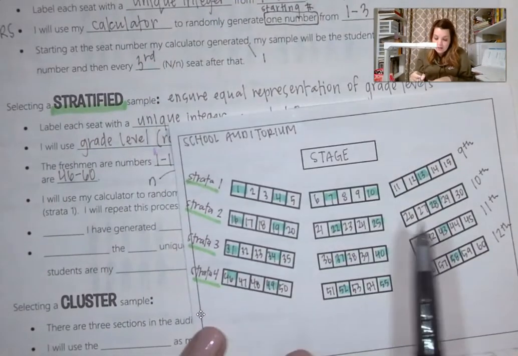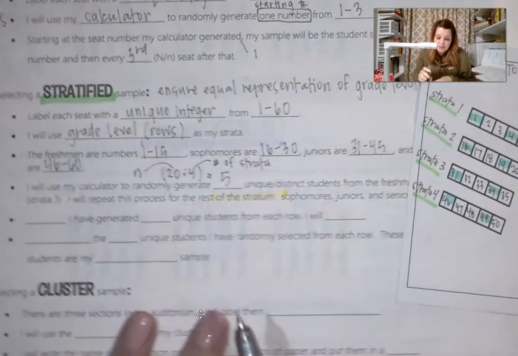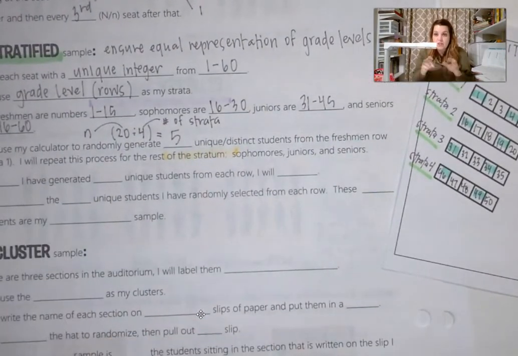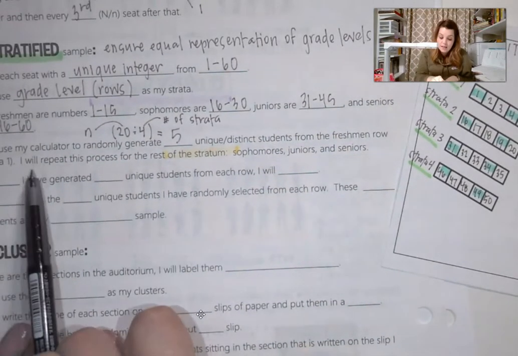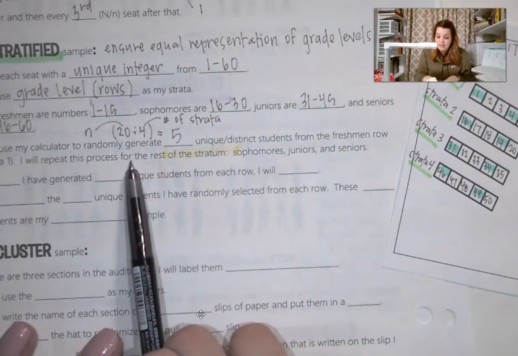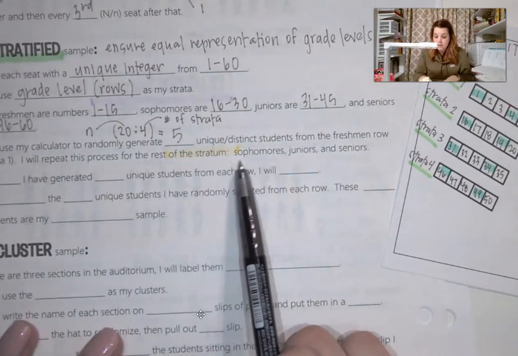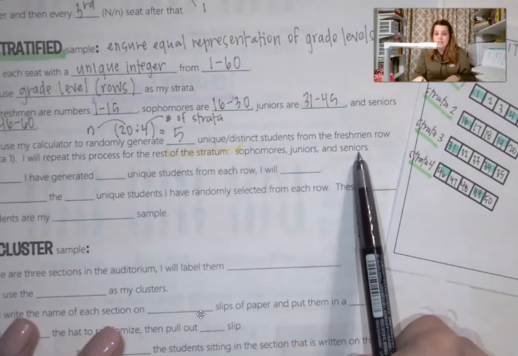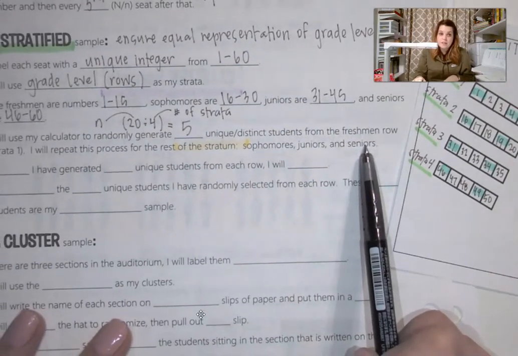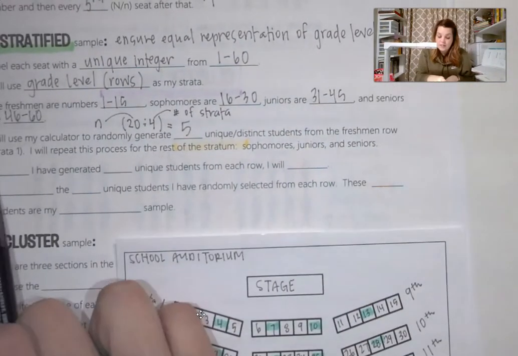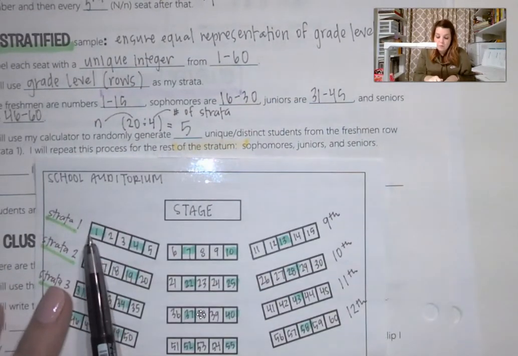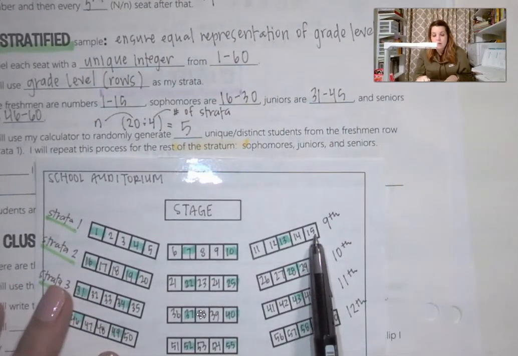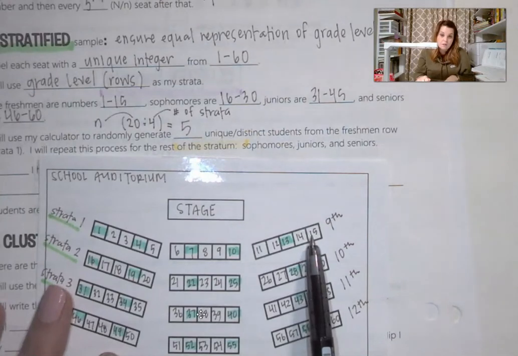Okay, so I would take 5 from the 9th graders, and then notice instead of describing that same thing for the sophomore, junior, and seniors, I just say I will repeat the process for the rest of the strata. So for the sophomores, the juniors, and the seniors, the only thing that will change is that when you find numbers for the freshman row, your minimum would be 1 and your maximum would be 15.